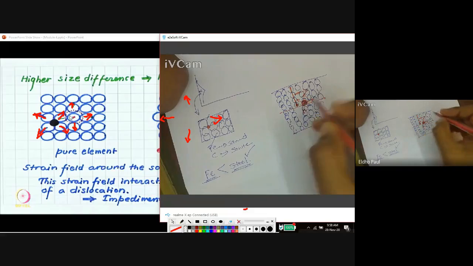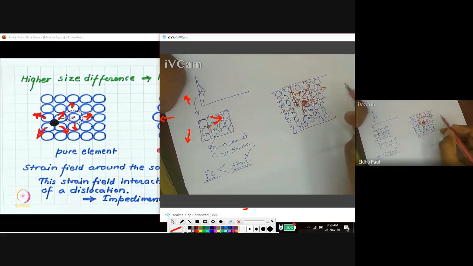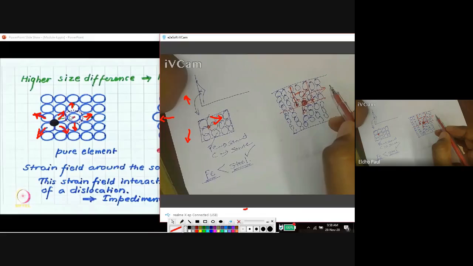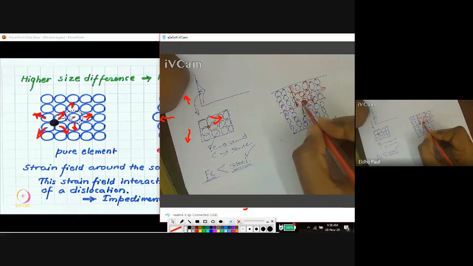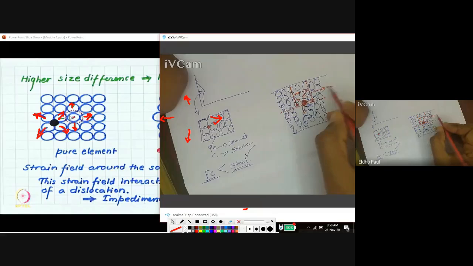But after closing, if the dislocation wants to move in this direction, that movement is restricted by this solute stress field. What is the reason? Both are opposite in sign, so there will be an attractive force. So this stress field offers a resistance against the further motion because of the attraction.